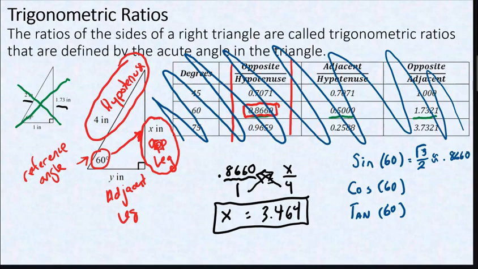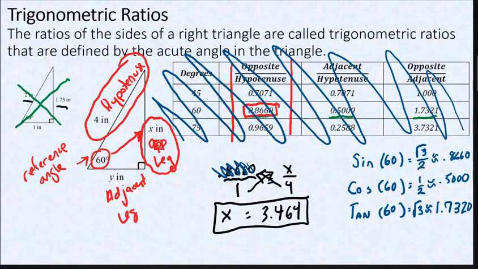If I type in cosine 60 into the calculator and press enter, I would get 1/2 or 0.5000. And lastly, if I put tangent 60 in the calculator, it gives me square root 3 or, if you can't guess it, 1.7320.